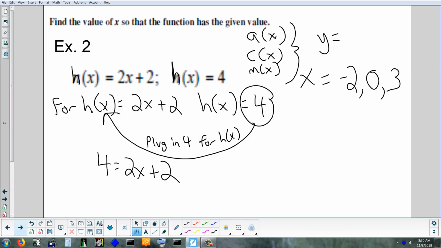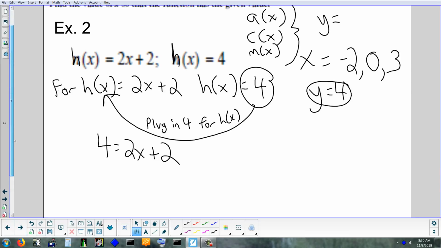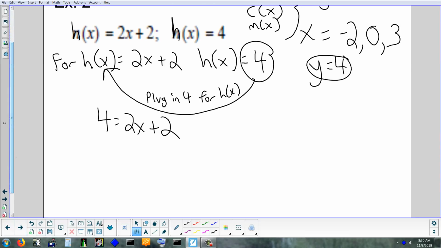Again, it's the same as writing y equals 4. It means the same thing. So there's my equation. Before, when I got those 3 different numbers, I could just plug in for x and get the answer. I didn't have to move anything around because all the numbers were on the same side, so I could just combine like terms. Here I can't, because I have a variable and an integer.